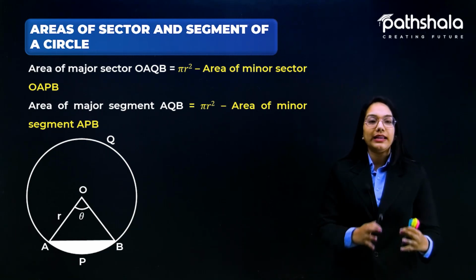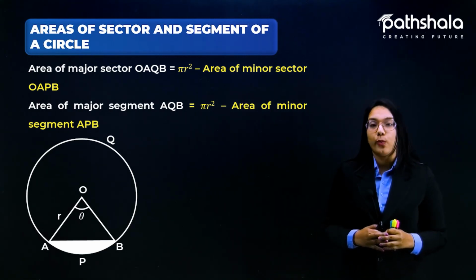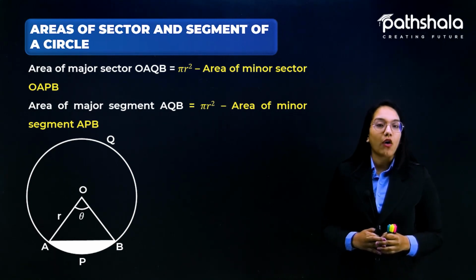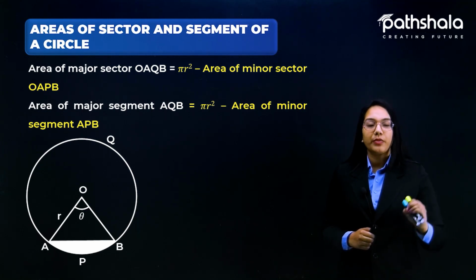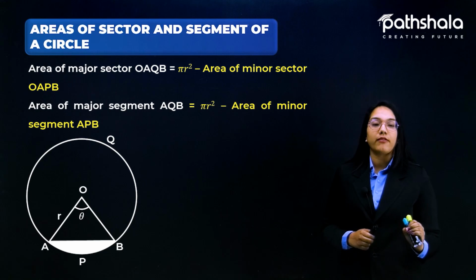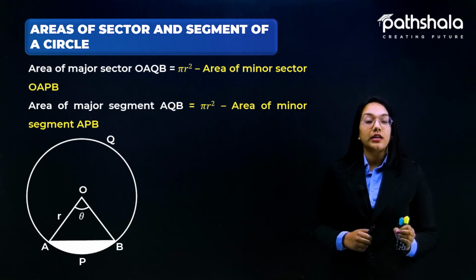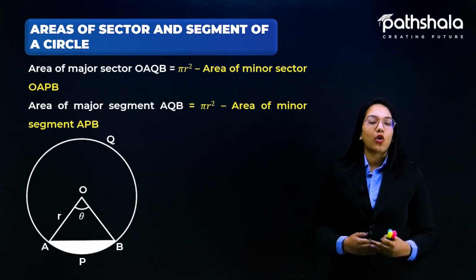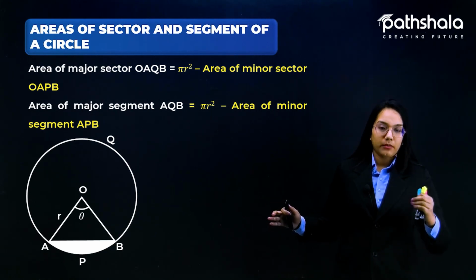So at the end, we have concluded the important formulas through which we can find the area of the sector and the segment of the circle, and the length of the arc as well. In the very first concept, we concluded that the area of the minor sector is theta by 360 into pi r square, and to find the area of the segment, we subtract the area of the triangle OAB from the area of the minor sector.